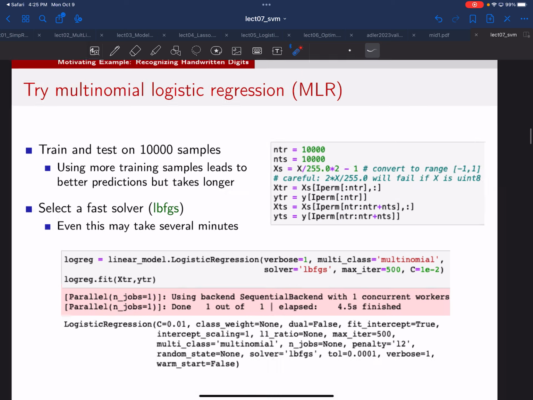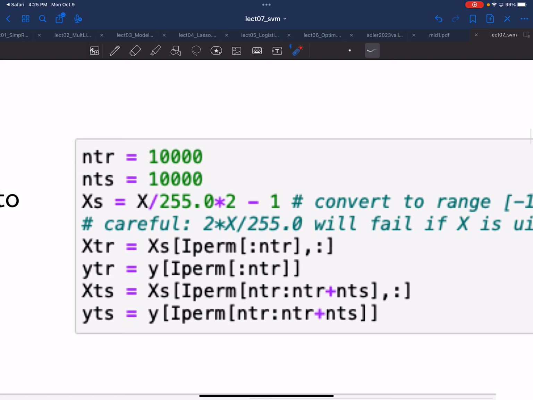But there are some interesting things if you're not careful about how you do this. The order of these operations matters, because, for example, this 255.0 is treated as a floating point number. This is treated as an integer. And the original data x are integers. One of the issues is that this x is an unsigned 8-bit integer. What that means is the values go from 0 to 255, and if you add 1 to 255, it wraps back around to 0, right?